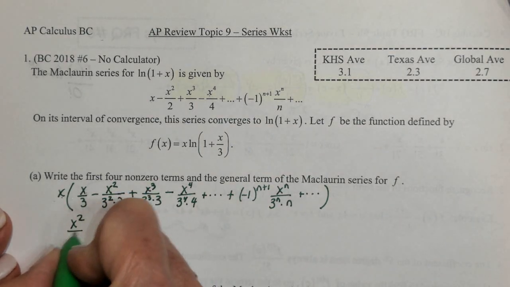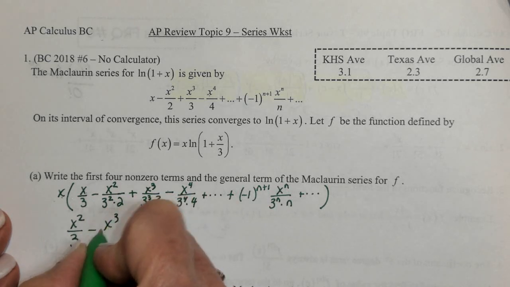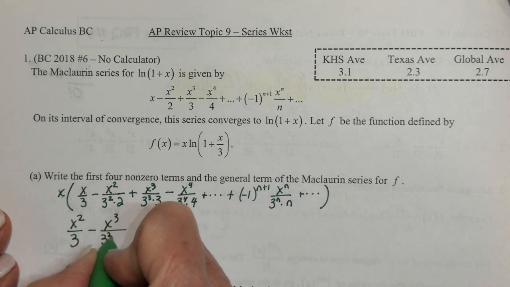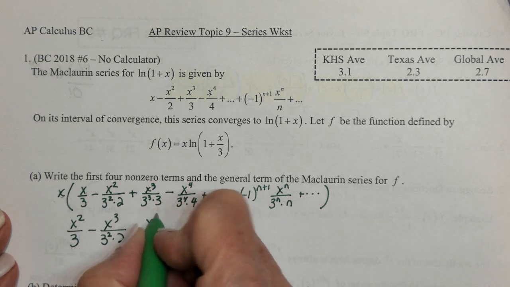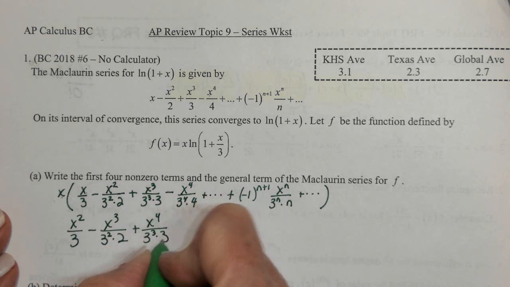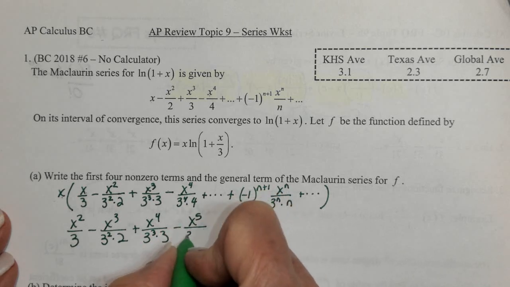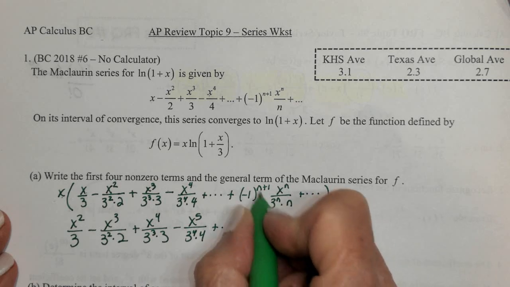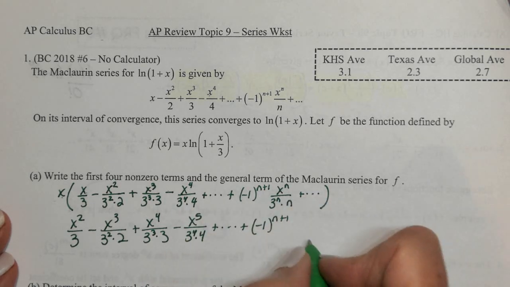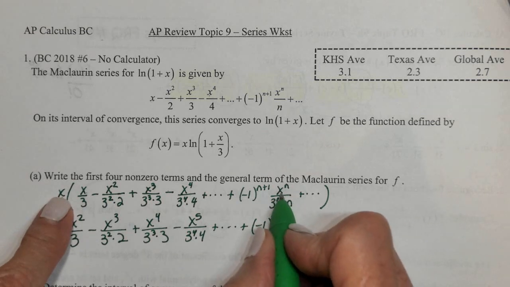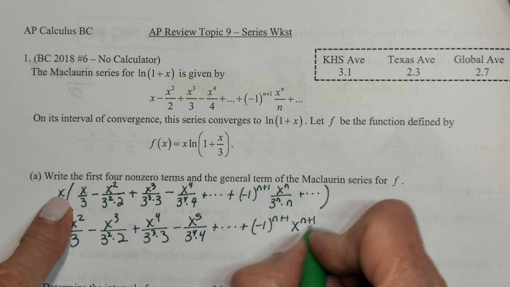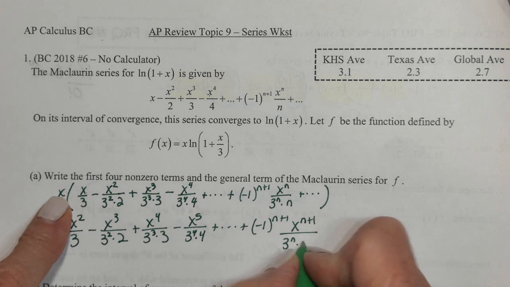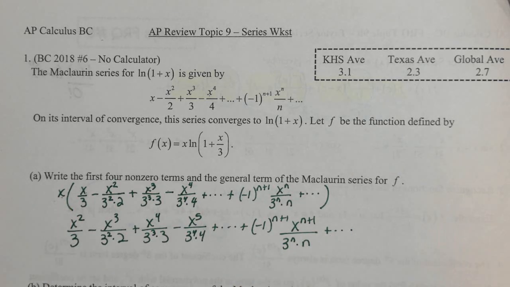I'll have x squared over 3 minus x cubed over 3 squared times 2 plus x to the 4th over 3 cubed times 3 minus x to the 5th over 3 to the 4th times 4 plus dot dot dot negative 1 to the n plus 1. All I'm doing is copying. x times x to the n is x to the n plus 1 over 3 to the n times n. That's the first four non-zero terms and the general term of the Maclaurin series for f.